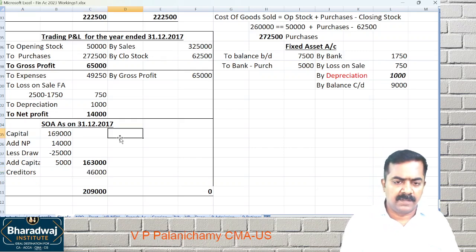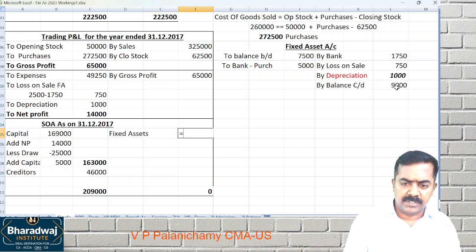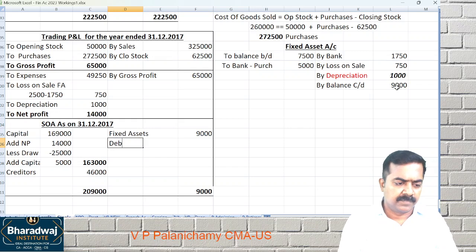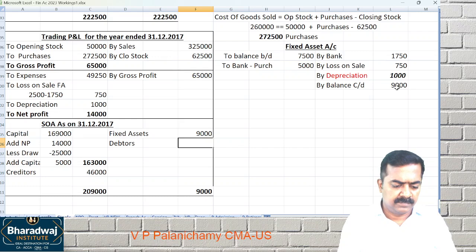Then asset side, fixed asset. Don't reduce depreciation, that is after depreciation only. How much? 9,000. Debtors closing balance, 87. Creditors closing balance, sorry, it's inventory. Bank balance.